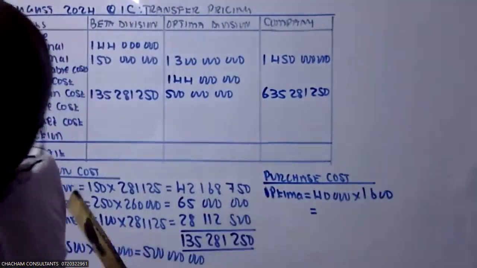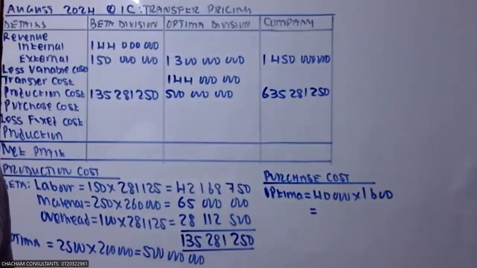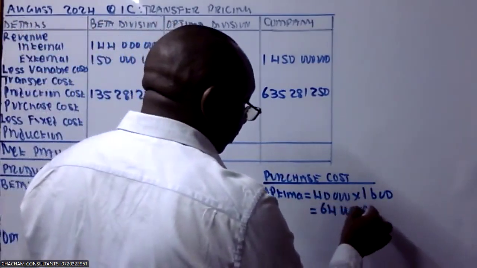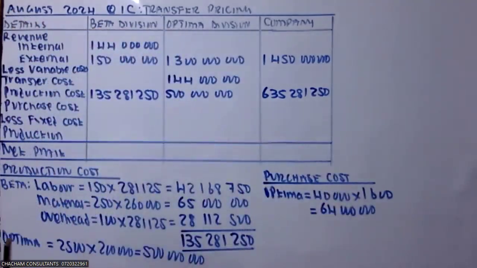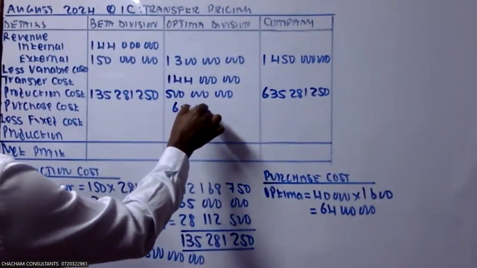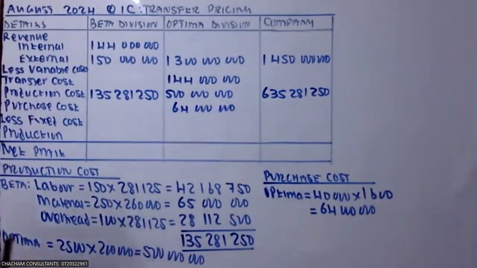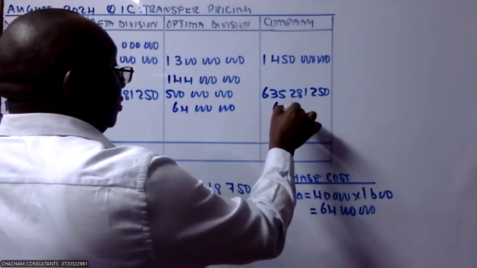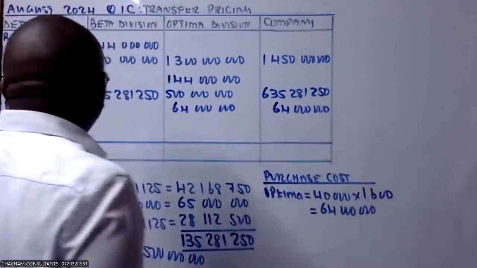So when we multiply that, 1,600 times 40,000, I'm getting 64 million. So that 64 million is the one you bring here. And because it is affecting an outsider, it should affect the company. It should be found here, 64. That way.